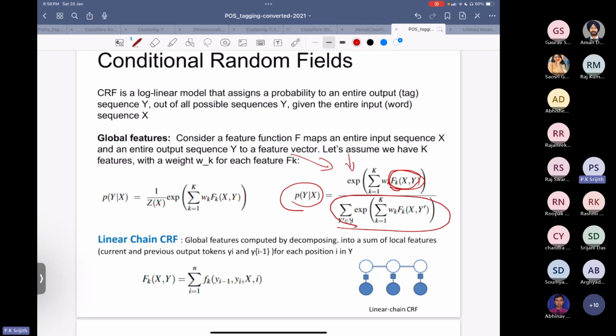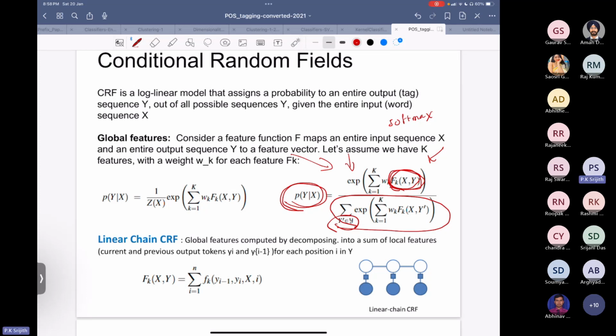Here, all possible labels is Y, and that will give you a probability of Y given X. So what is happening here is nothing but the softmax function that you have used in the case of logistic regression. But now if you look at the features, you are extracting features out of your input-output pair X and Y, each of which is a sequence.